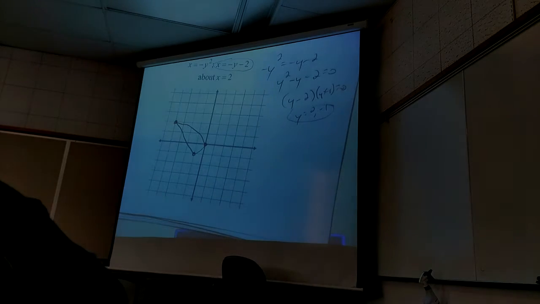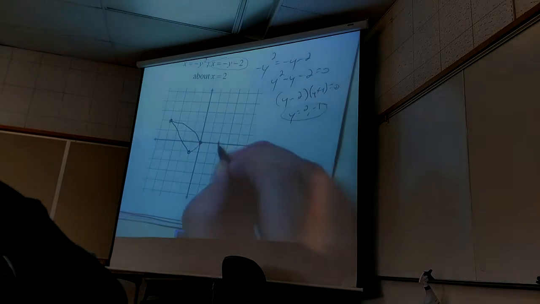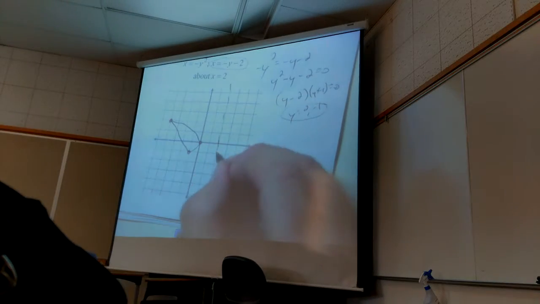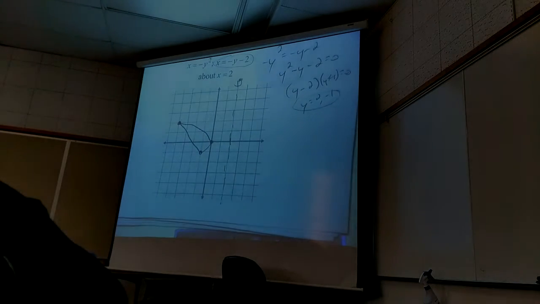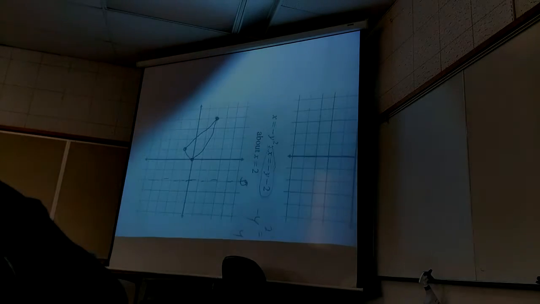And now this one's really fun. I'm going to rotate it around x equals 2. So this is my axis of rotation here. So now everything's kind of in terms of this.